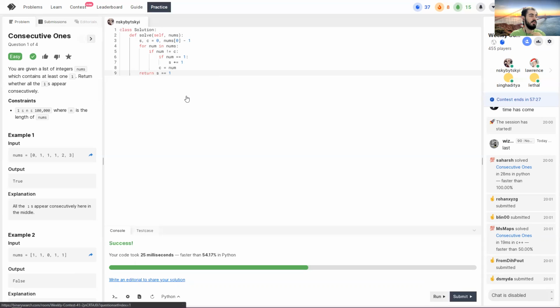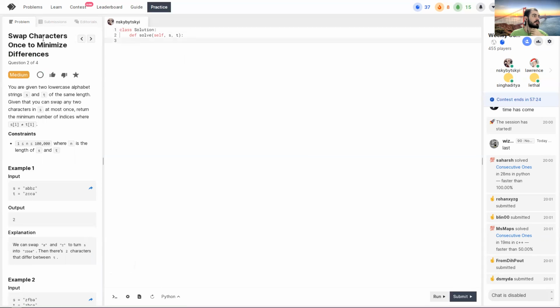Okay, first problem solved. Second problem, swap characters once to minimize difference. We're given two lowercase strings. We want to swap any two characters in S. We want the minimum number of indices where S[i] does not equal T[i].